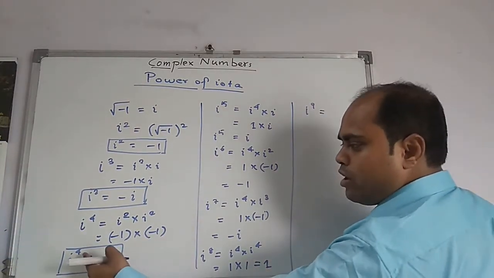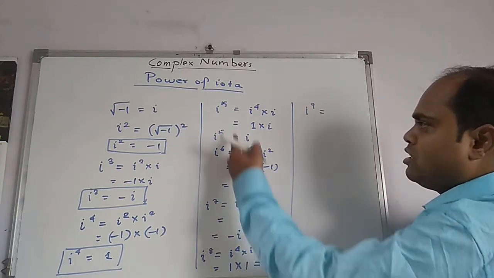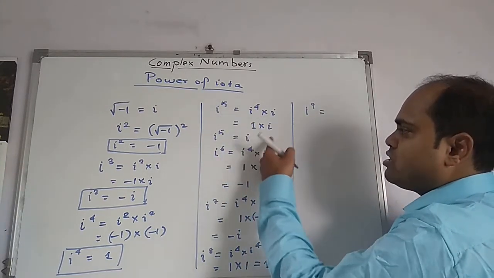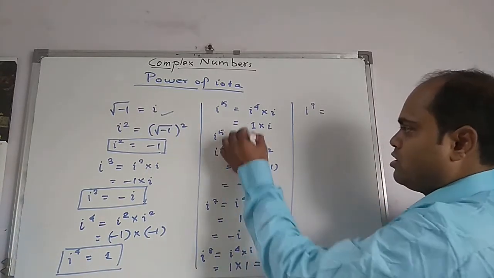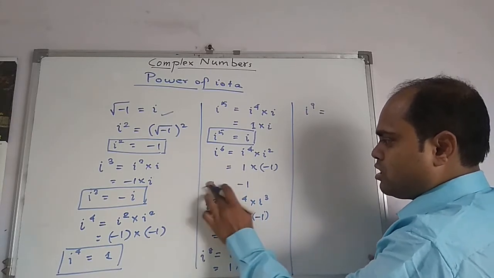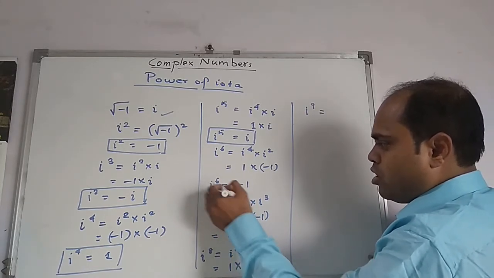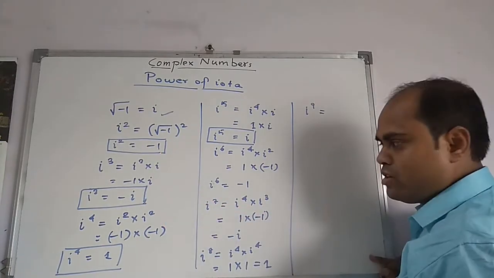And after the power 4, the value starts repeating. Iota raised to 5 is iota, which is the same. Iota raised to 6 is minus 1, which is equal to iota square.